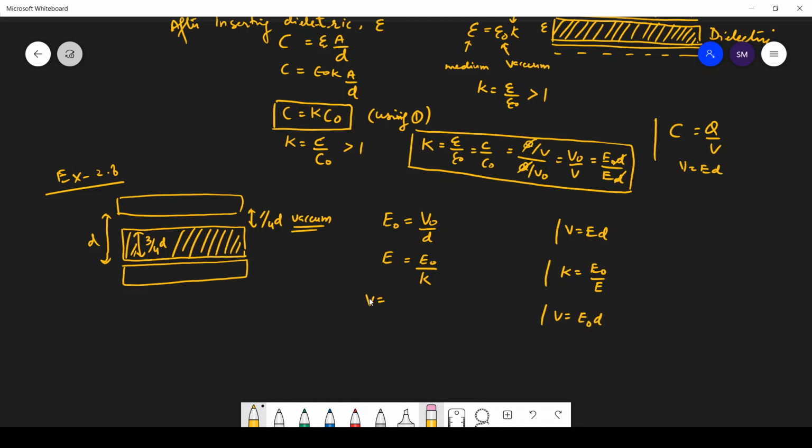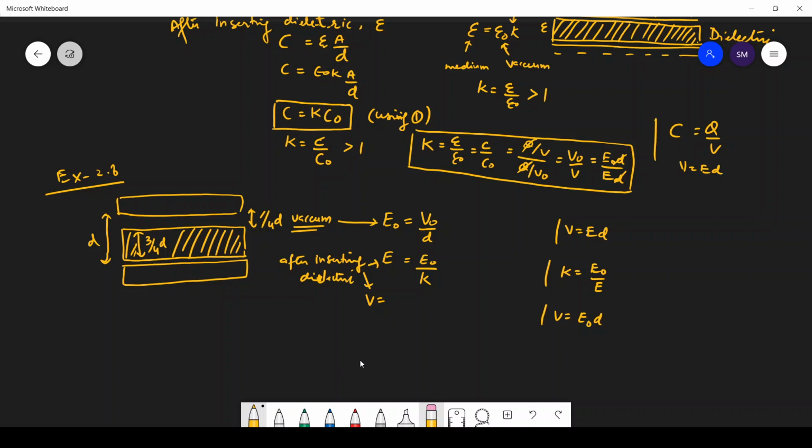Now look at this symbol V. This E was after inserting. Students, these symbols with naught are for vacuum, E naught, and when naught is not there, it means this is after inserting the dielectric, for this E also, for this V also.